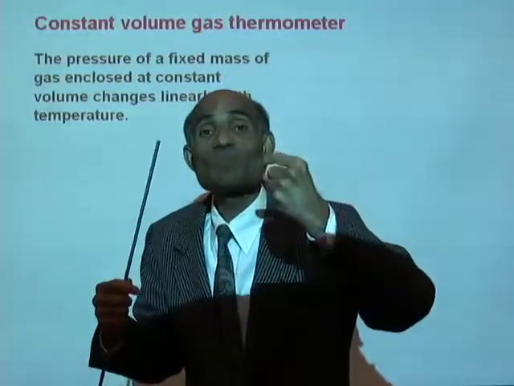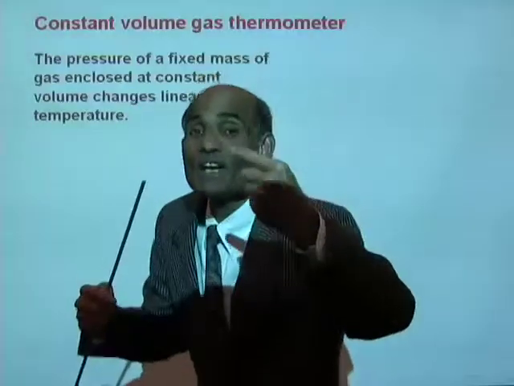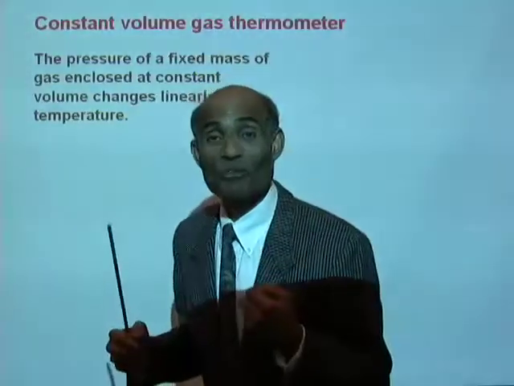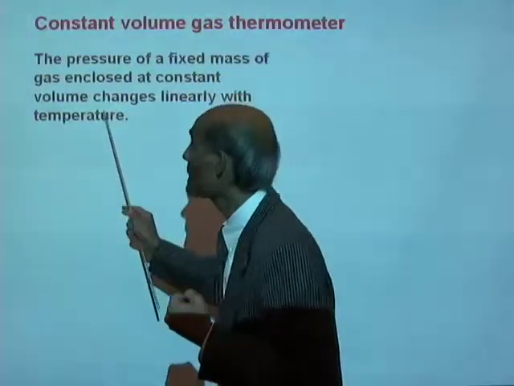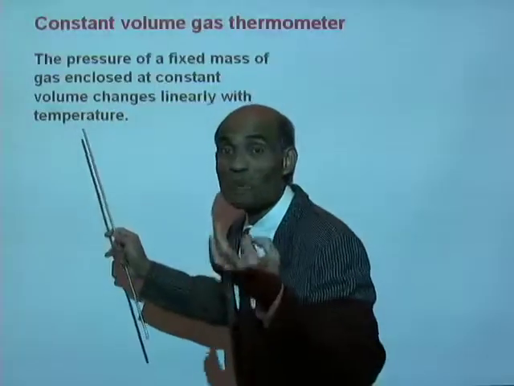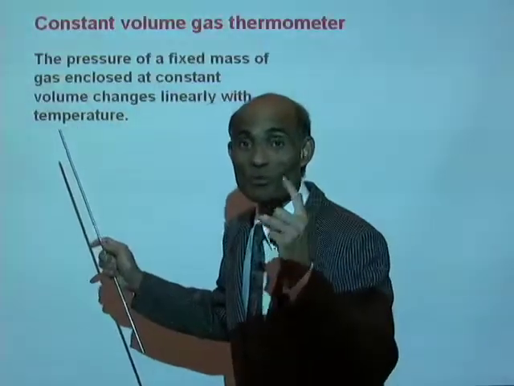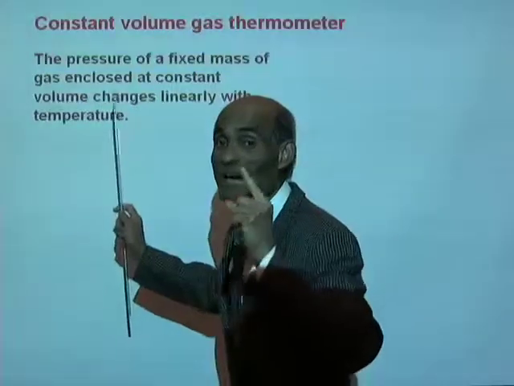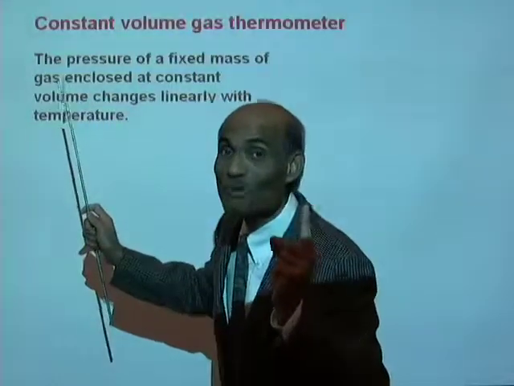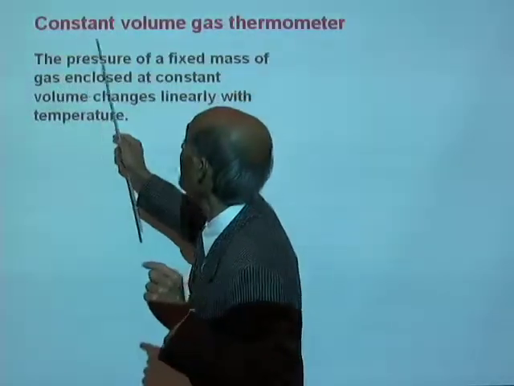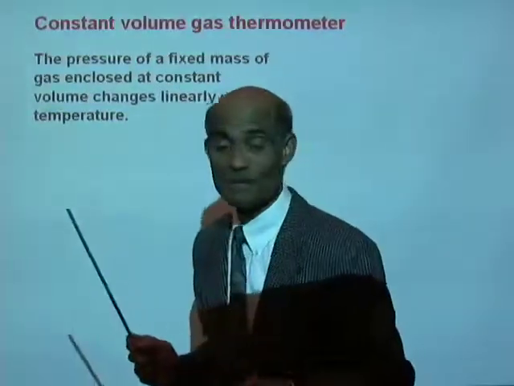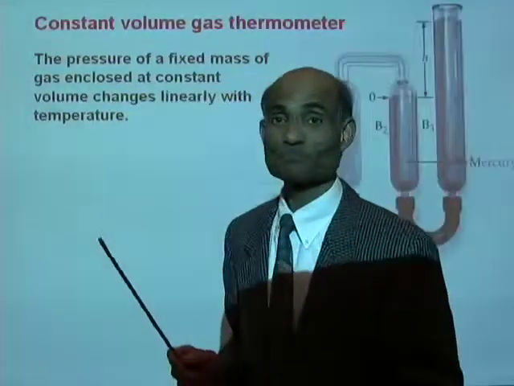And the increase in pressure is linear with temperature. Therefore, that increase in pressure can be used to measure the temperature. But remember, you need to keep the gas at a constant volume to do that. That is why we call it a constant volume gas thermometer.